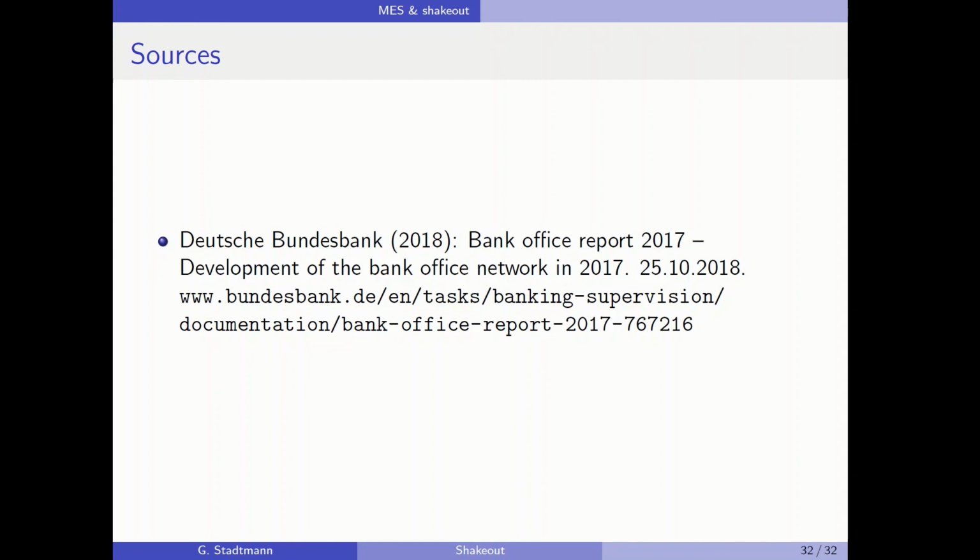What could that be? Of course, digitalization could be one driver. Digitalization comes along with higher fixed costs, but it lowers the variable cost of banking. So it might be the case that digitalization is one driver of this development of the German banking sector, which we are looking at in this lecture.